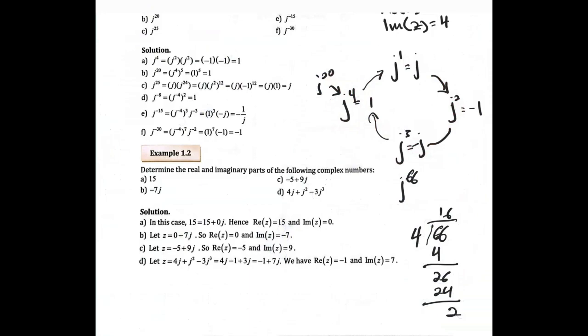So what we can see here is that for j^66, it can have 16 cycles of 4, 16 cycles of 4.